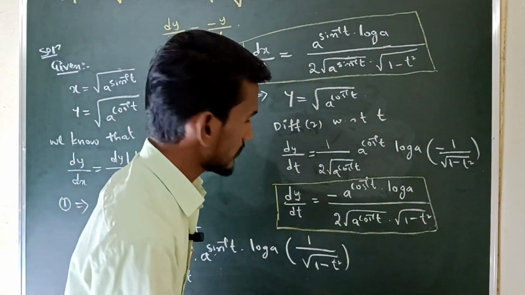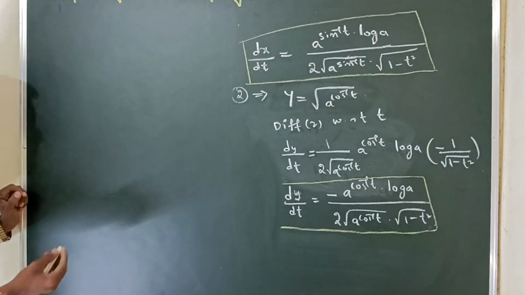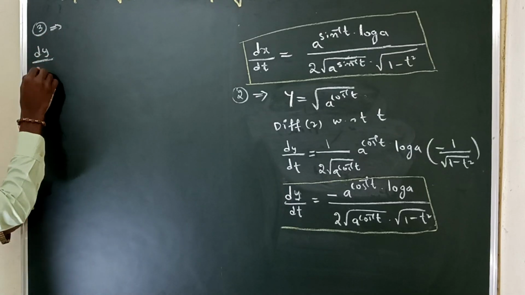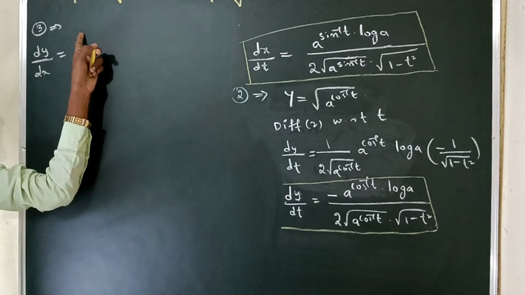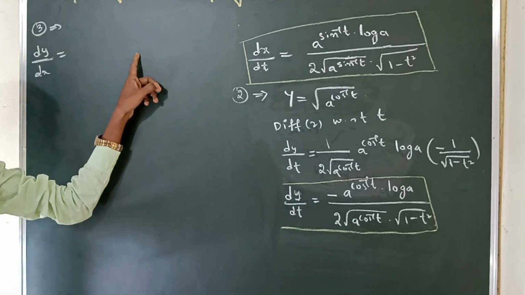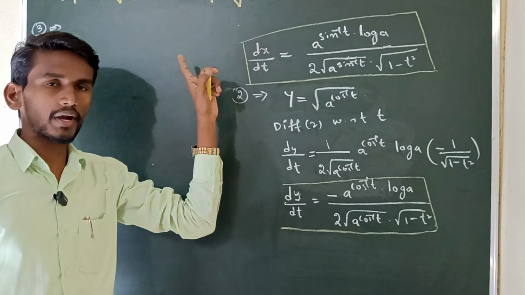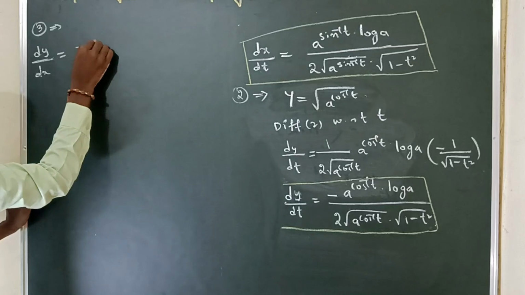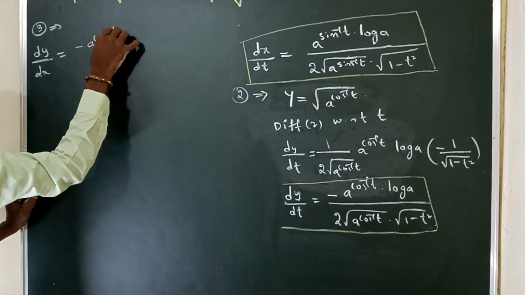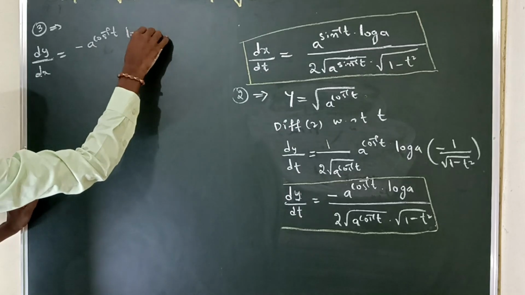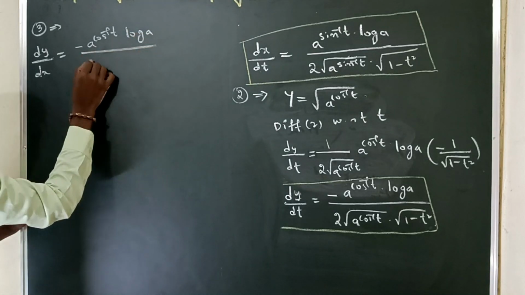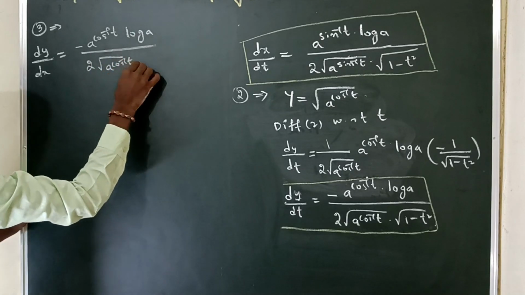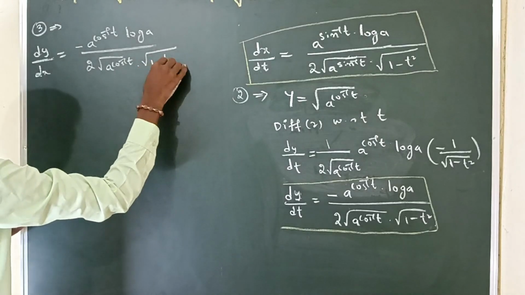Now you have to observe this one. Equation number 3 implies that dy by dx is equal to dy by dt divided by dx by dt. First you have to take the second term in the numerator and the first term in the denominator. See, minus a to the power cos inverse t into log a, whole divided by 2 root of a to the power cos inverse t into square root of 1 minus t square.